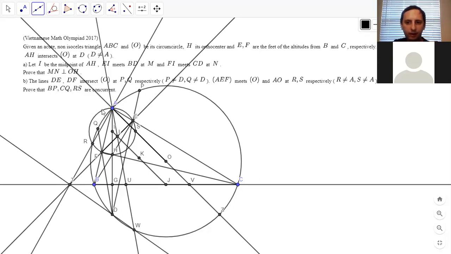I can calculate angle AWT and angle AVT, to show it's cyclic. So AVT is computable, and AWT is the same as AWD. Yeah. So how did the inversion work?